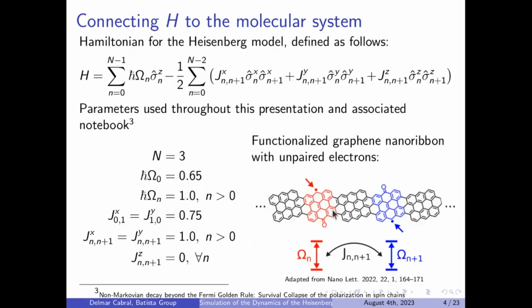This allows the spin state of any particular site to influence those on another site, and therefore affect the overall magnetizability of the system. These parameters listed on the left are the ones that are going to be used throughout our simulation, where we take 3 spins in our chain and the set of different parameters that describe the on-site and off-site couplings.